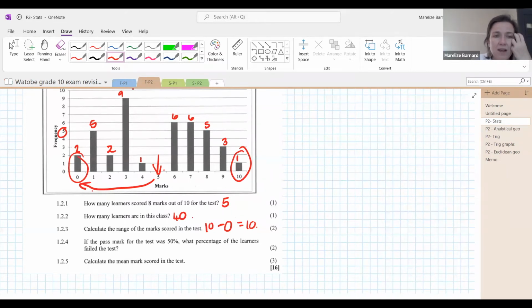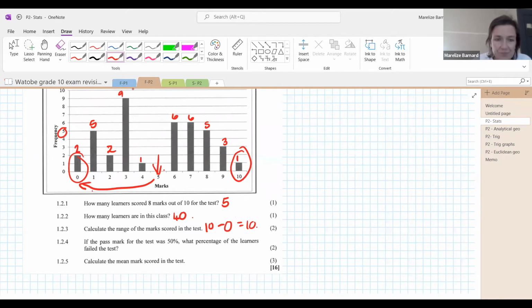So 1 plus 9 is 10, plus 2 is 12, plus 5 is 17, plus 2 is 19. 19 out of the 40. Yeah, those who failed the test, that's 19 divided by 40 times by 100, and that is 47.5.